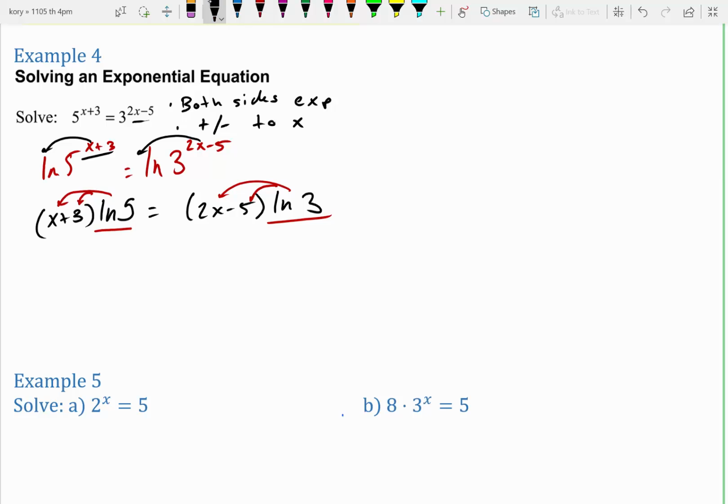And this is the easiest distribution you can ever do because you're not actually going to do anything. You're just going to put it next to each other. So you'll have x ln 5 plus 3 ln 5 equals 2x ln 3 minus 5 ln 3. So you see how we didn't combine anything at all? We didn't multiply anything at all. We just put it next to it.